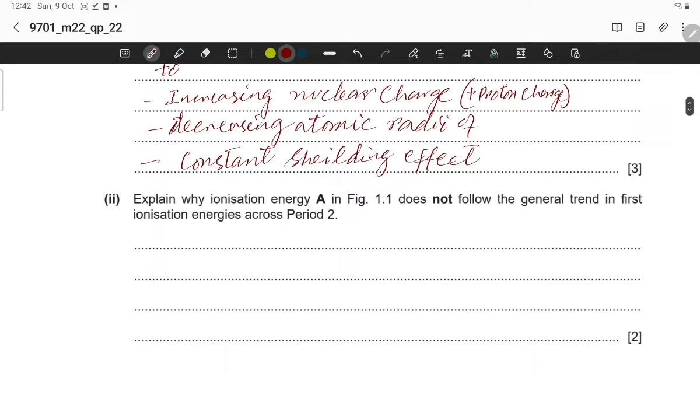Explain why ionization energy A in figure 1.1 does not follow the general trend in first ionization energy.